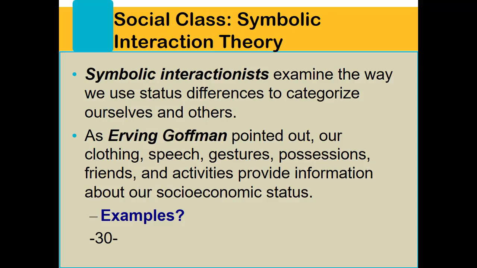Symbolic interactionists examine the way that we use status differences to categorize ourselves and others. So we figure out, based on looking at each other, based on the symbols on their bodies, whether someone is a rich person, a poor person, someone of high status, someone of low status. We look at speech, how somebody speaks, their gestures, their possessions, their friends, what they do on the weekend, and other socioeconomic statuses.